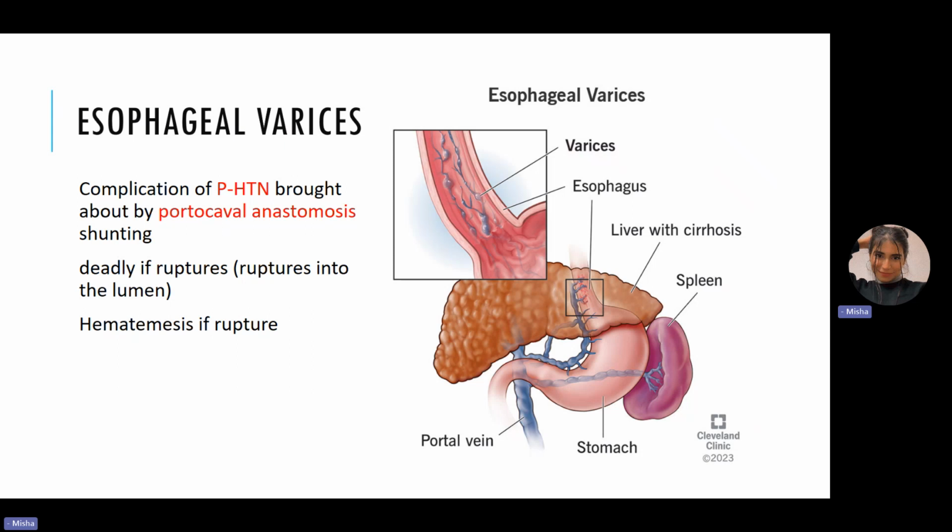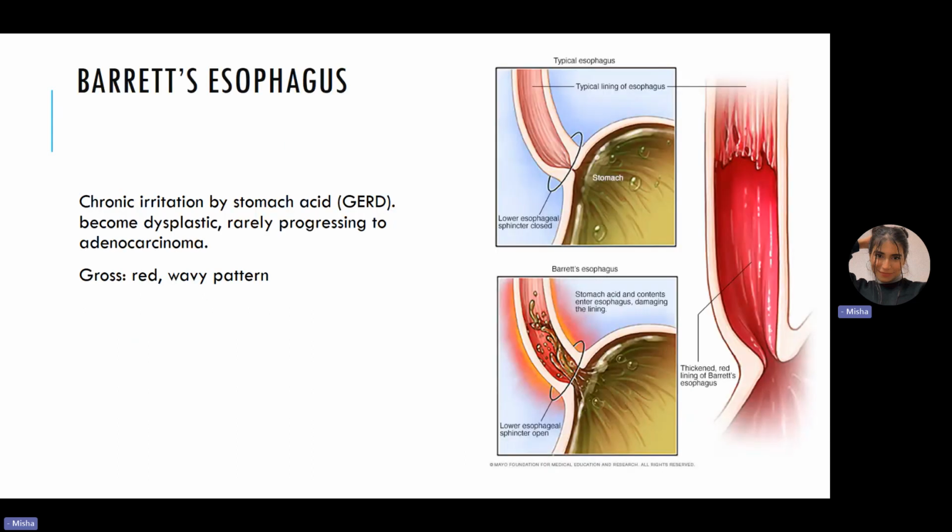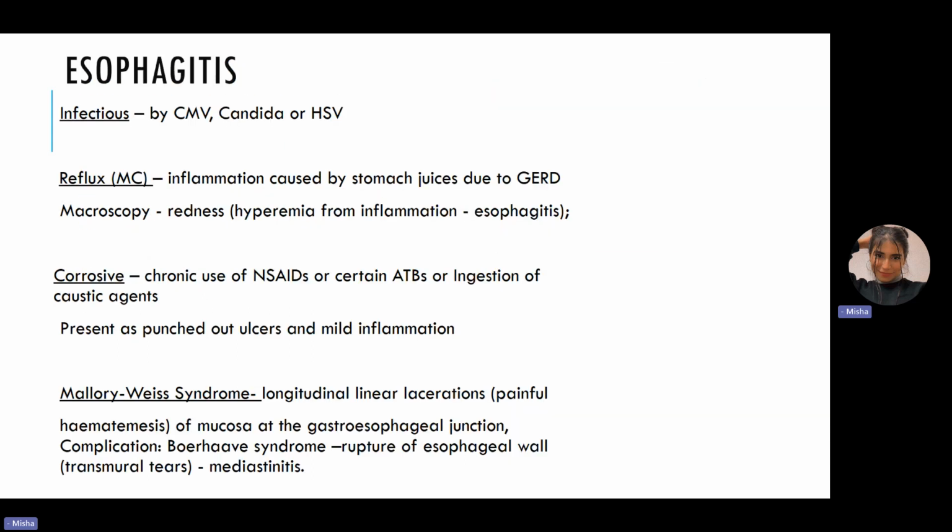It normally ruptures into the lumen, right? So the patient would actually suffer from hematemesis, right? They would vomit blood in this case. So yeah, I think that's going to be it. But for Mallory-Weiss, you can also mention the vascular Mallory-Weiss syndrome plus esophageal varices.